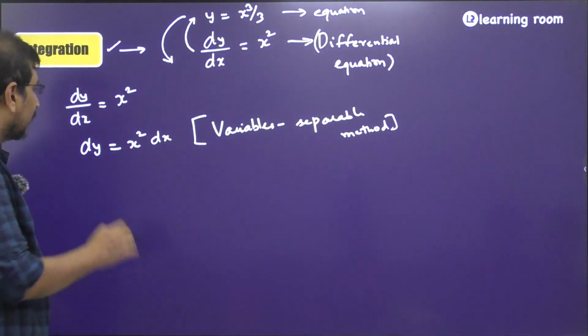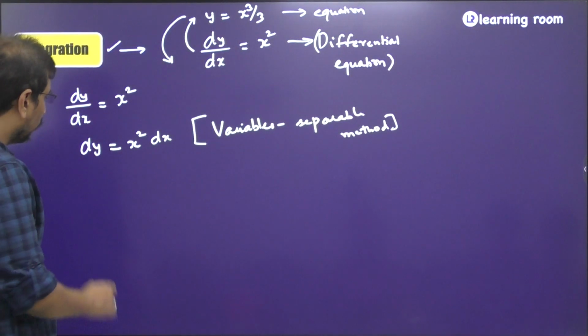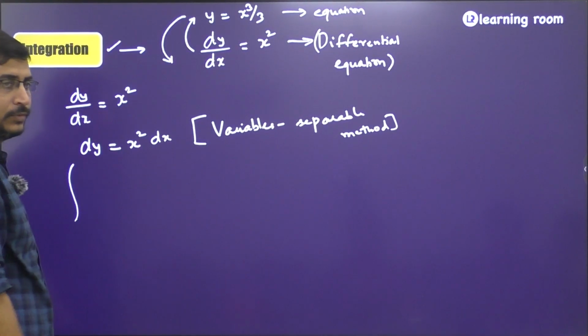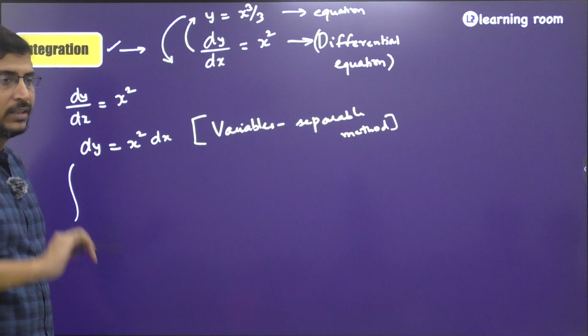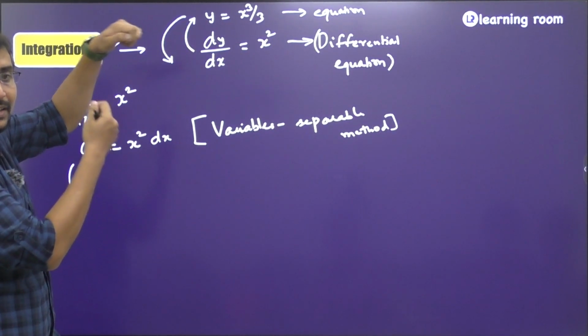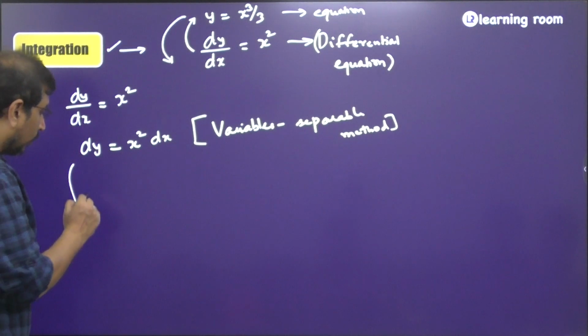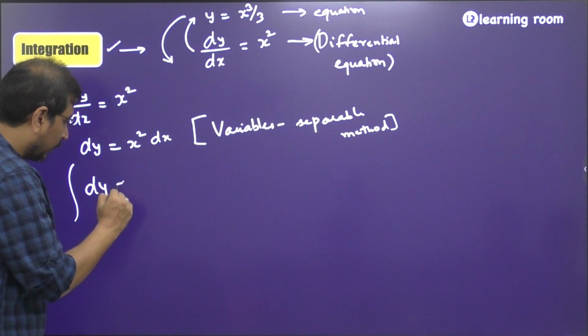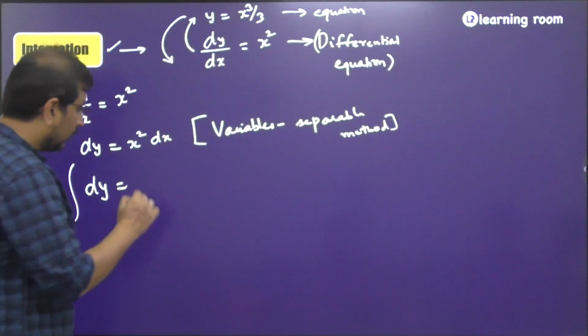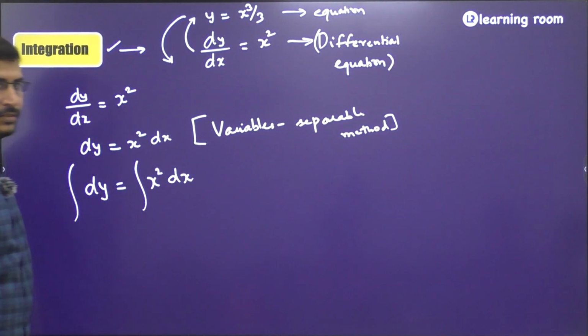Okay. So if I need to eliminate this d, then I need to use an operation like this, which looks in the form of an elongated s. If you take s and pull it, no, you will get a symbol, and that symbol is read as integral of dy is equal to integral of x square dx.